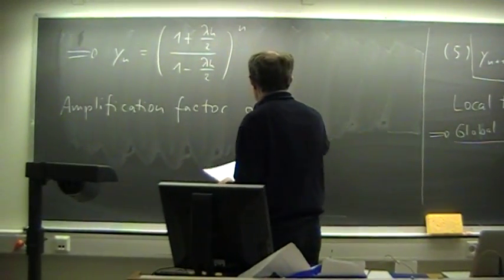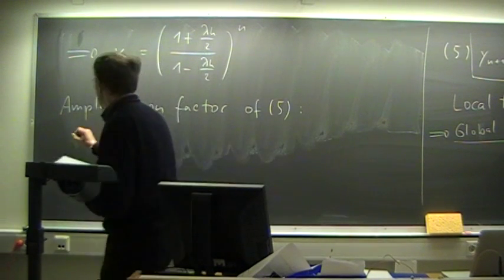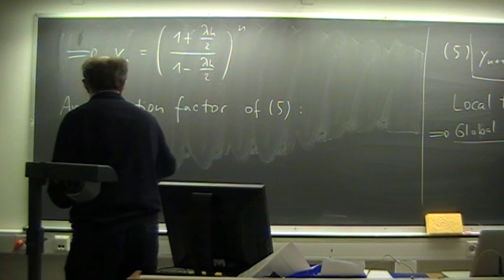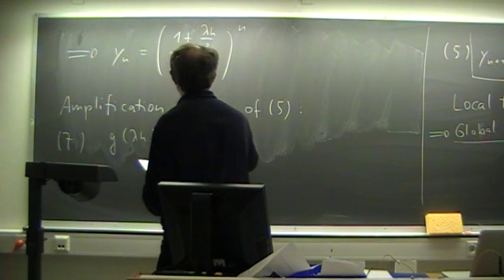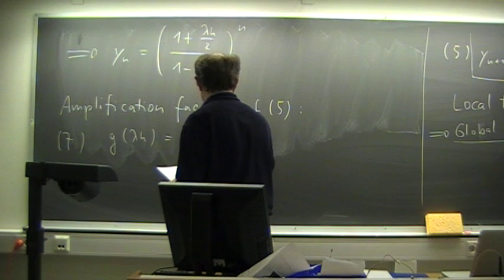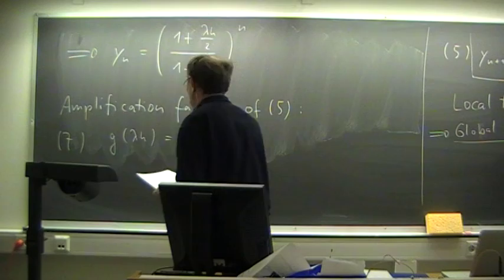So the amplification factor of the trapezoidal method then is, call it G of lambda h, equal to this ratio of 1 plus lambda h half divided by 1 minus lambda h half.